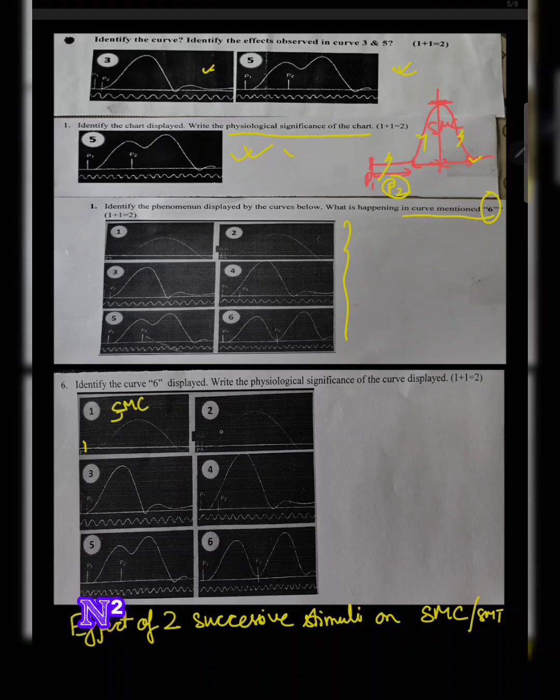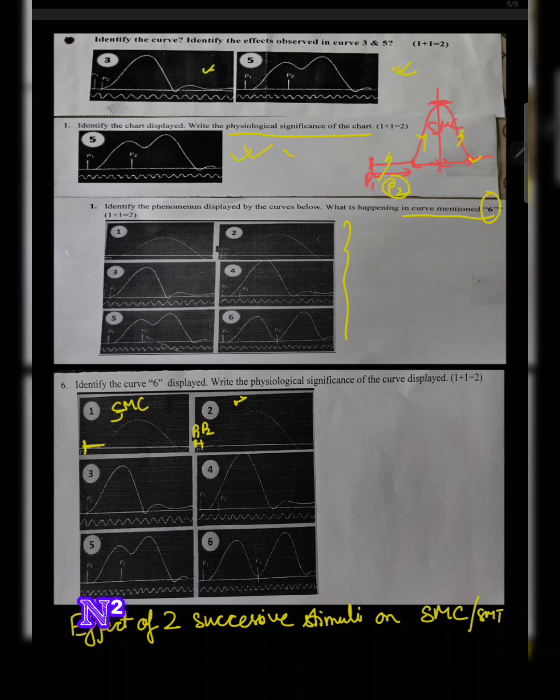Now in this second curve you can see there is P1 and there is P2. Here P2 is falling, supposedly, in the latent period. Immediately when P1 was given, just within a few milliseconds another stimulation is coming.